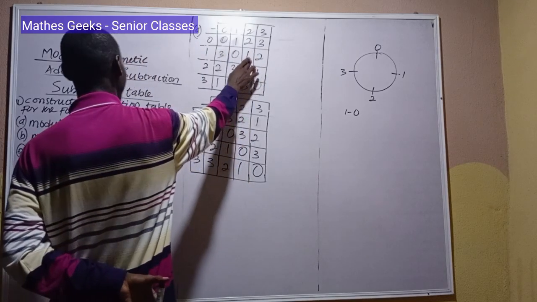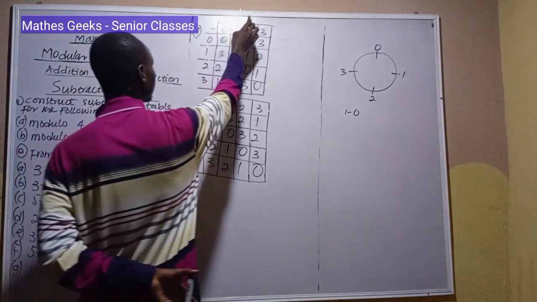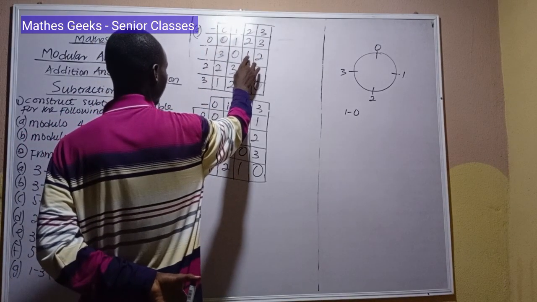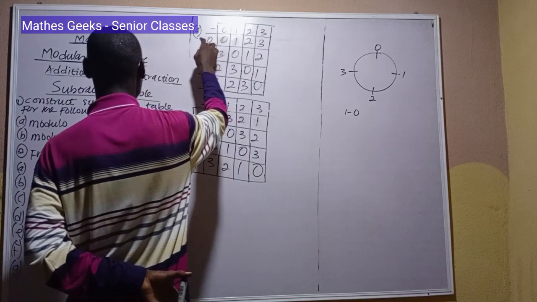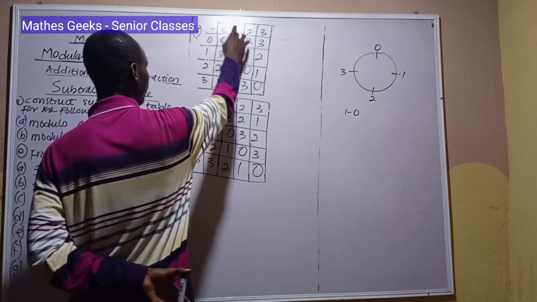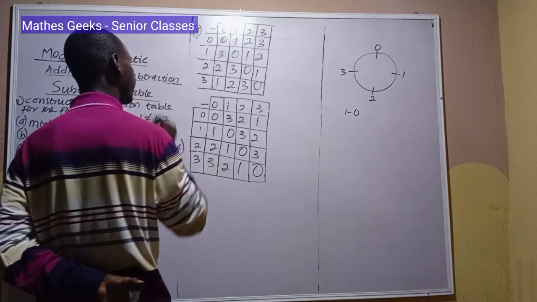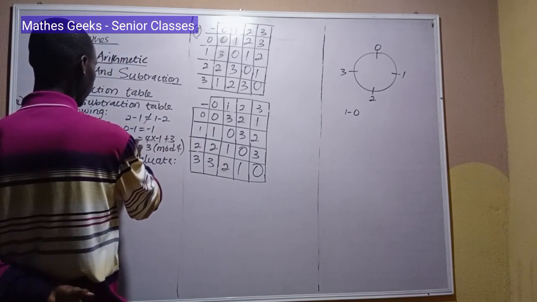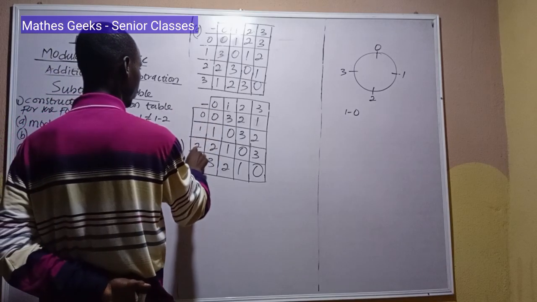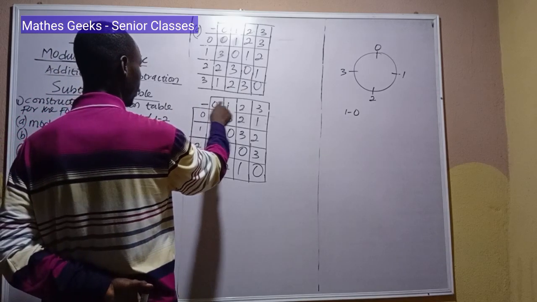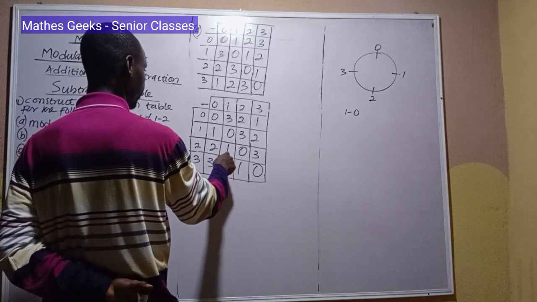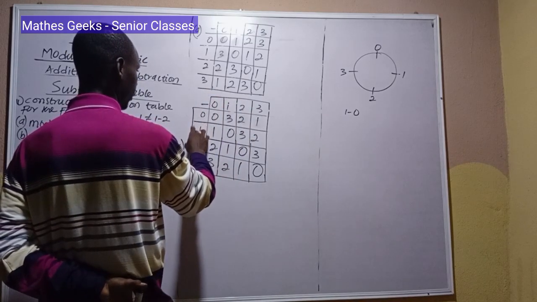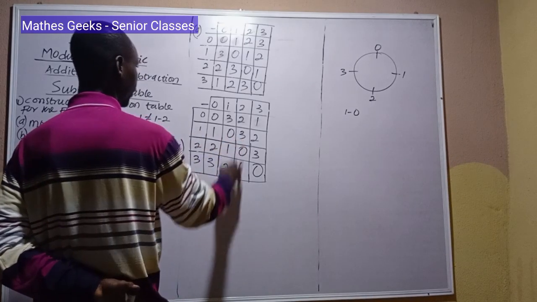You see that 2 minus 1, bring to where you have 2, you have 1, and 2 minus 1, here you have 3. Okay, let's see. 2 minus 1, 1, and then 2 minus 1, you have 3.